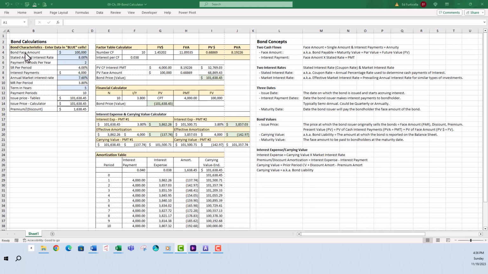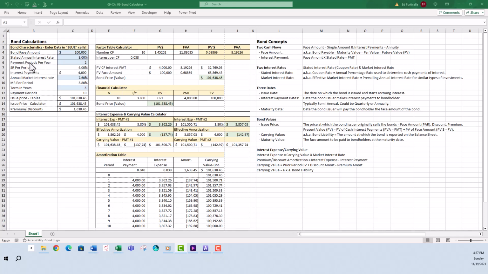Let's assume the face amount is 100,000, the stated annual interest rate 8%, the payment periods per year are 2. So in other words, this is a semi-annual bond. Remember that bonds typically make payments twice a year or semi-annually. Know also that there are bonds that make quarterly or annual payments.